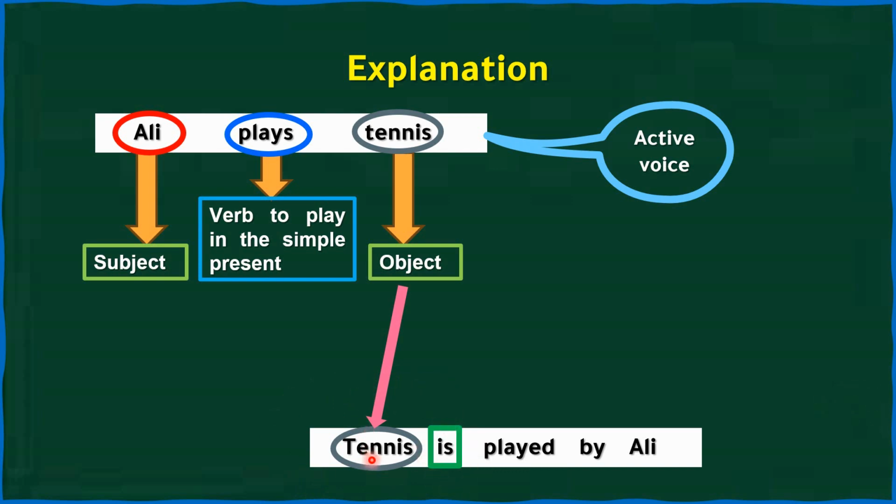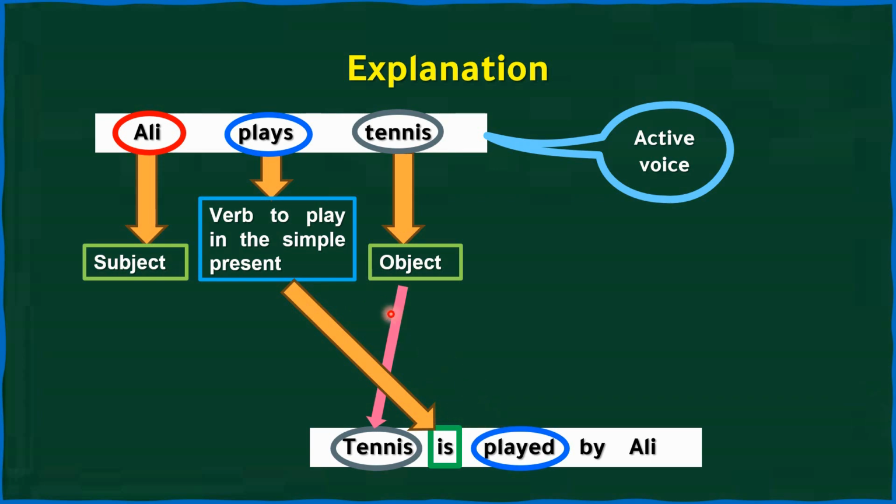So here we have tennis, it is. And we add the past participle of the verb to play. Plays is the verb to play. The past participle of play is played.